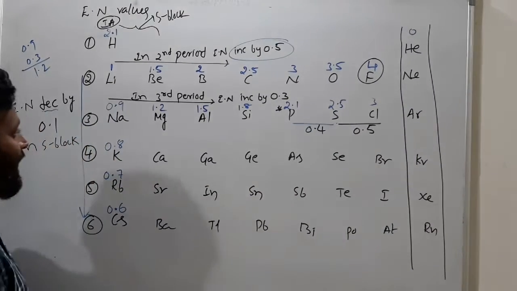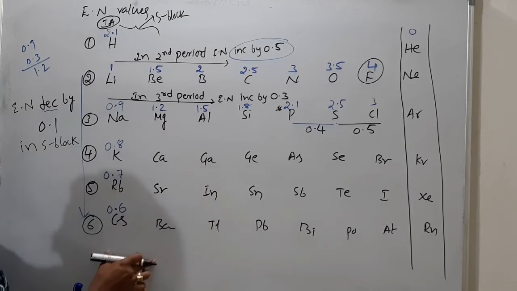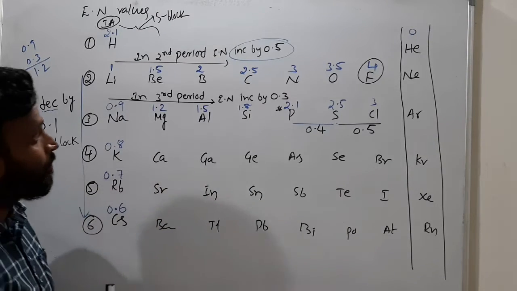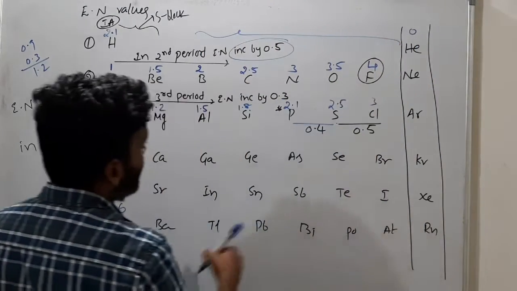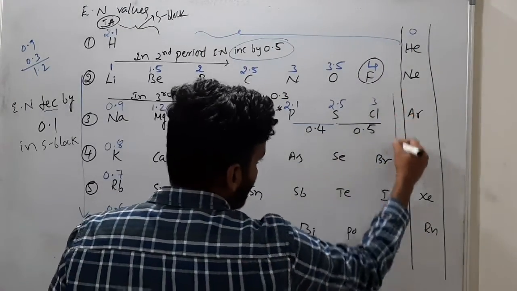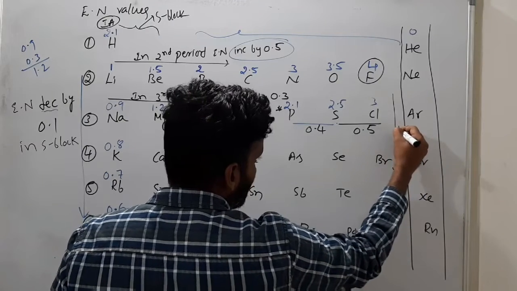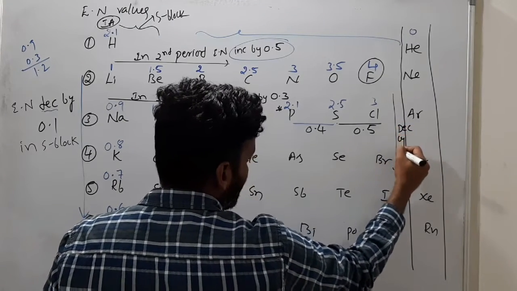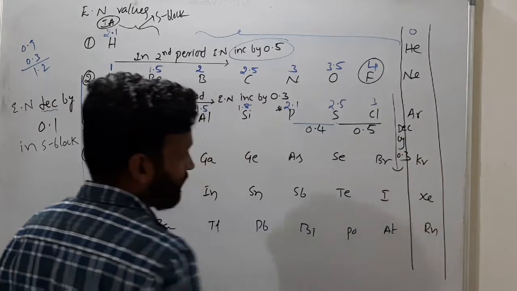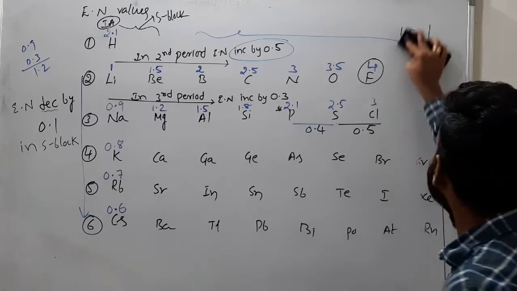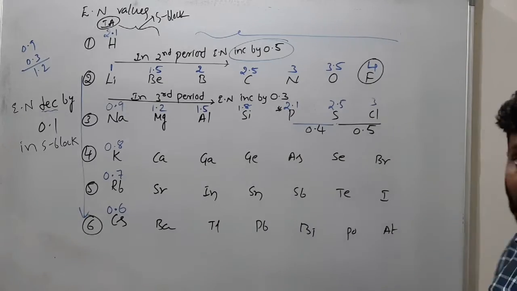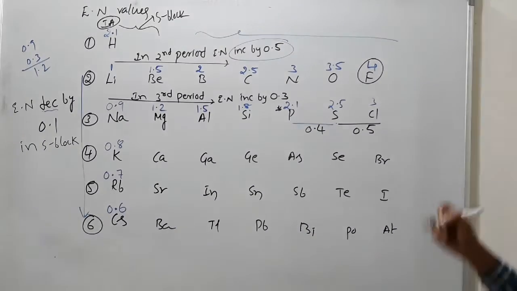Please remember. And here in S block you can decrease by 0.1, but here boron family 2, these all remaining electronegativity just decrease by 0.3 you can take. Okay, noble gases you have no need to consider. For noble gases, what is it? Electronegativity value is 0.